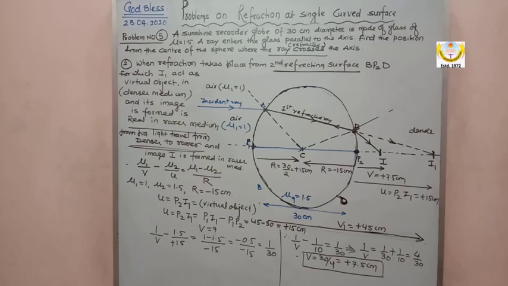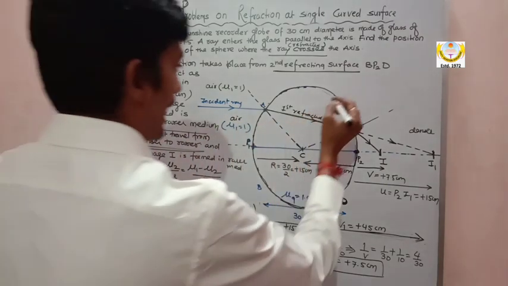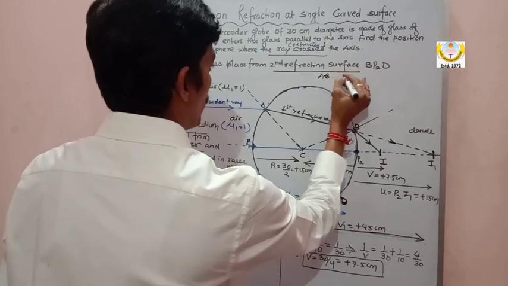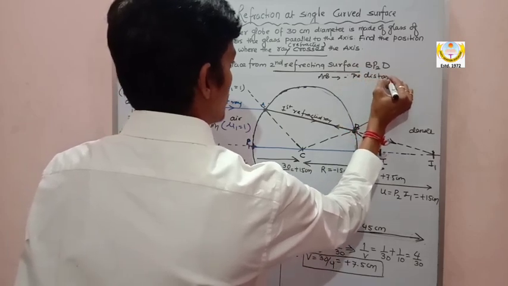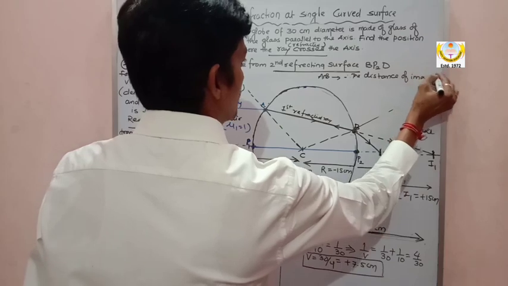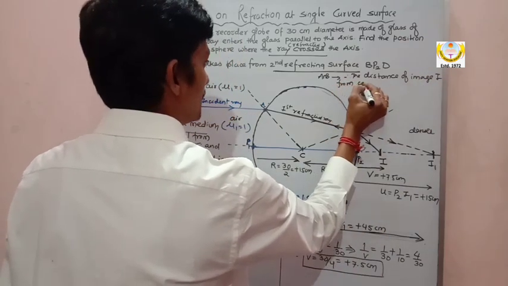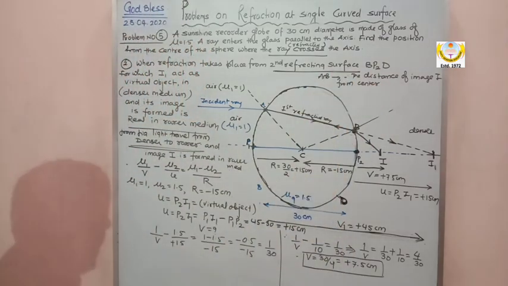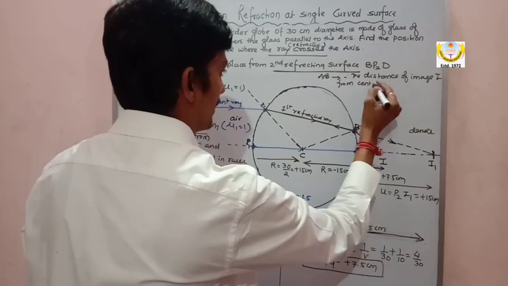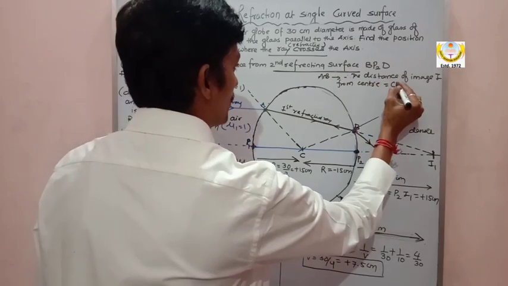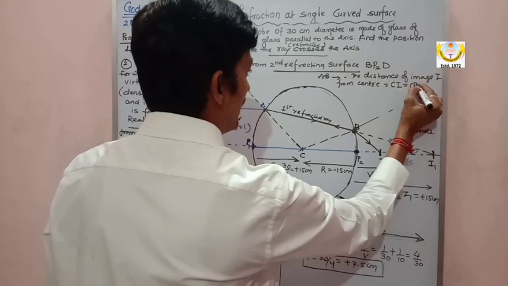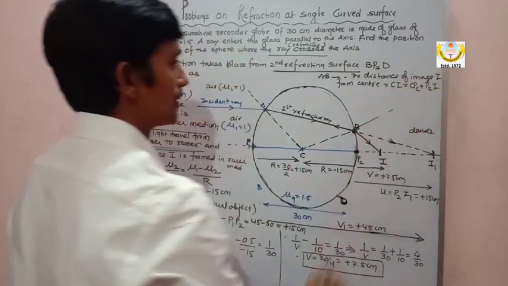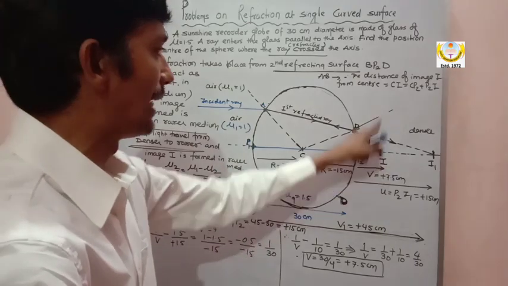So the distance of the image I from the center is how I will calculate: CI is equal to CP2 plus P2I.